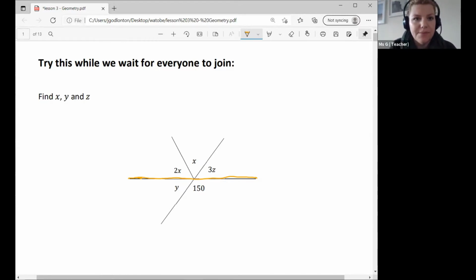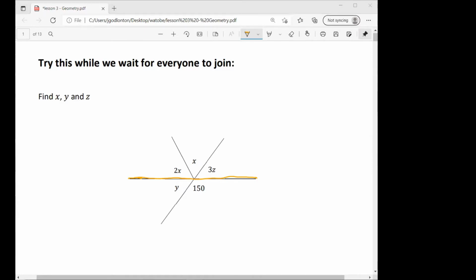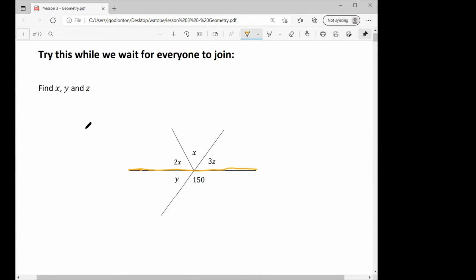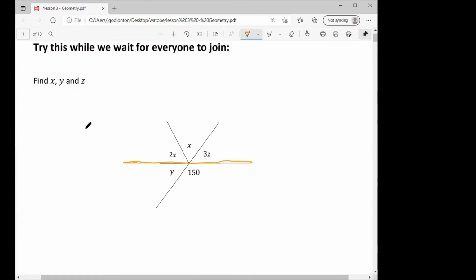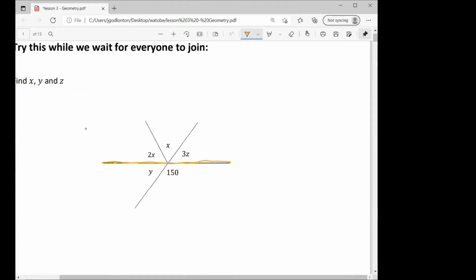Okay, I'm going to put Canva's one down. What's my reason, Canva? So far we know that y is going to be 30 degrees. Let me write it out the longer way for those of you who are struggling to see.